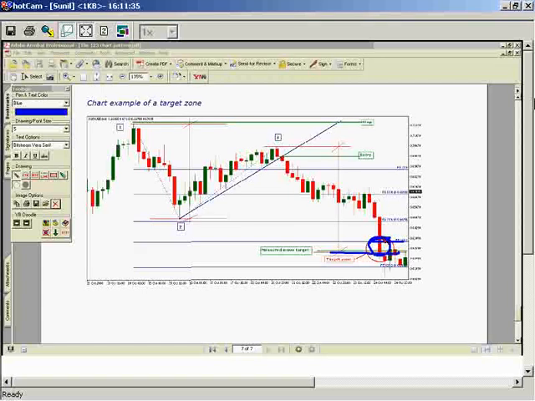Now, as far as your 78.6 is concerned, I would sort of disagree with this to a certain extent, because I have always taken the 78.6 as a very, very important fib level. For me, the 78.6 is much more important than a 61.8. They call the 61.8 the golden mean.